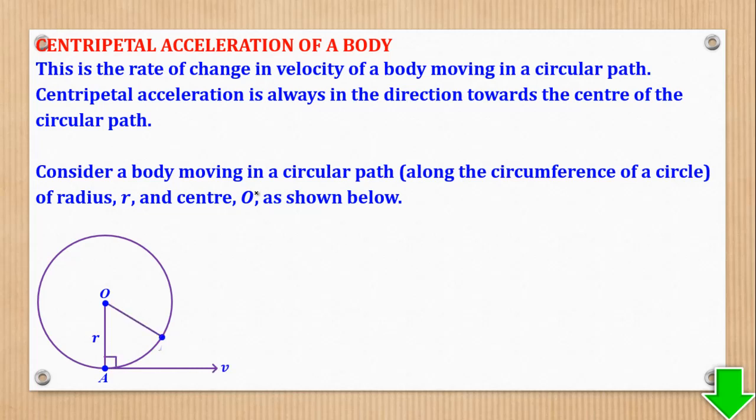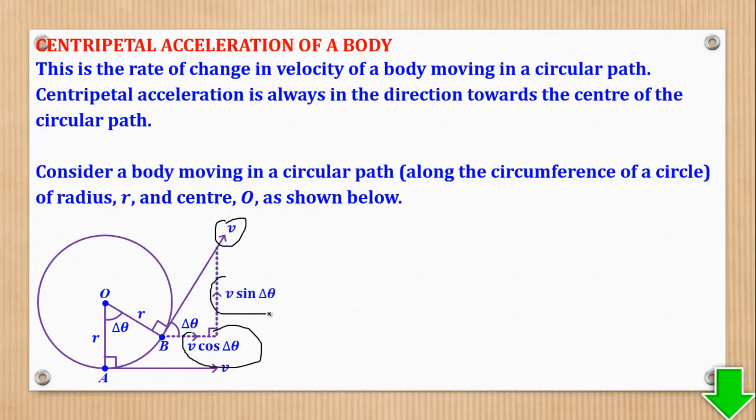Then at point B, the velocity will also be tangential, so the direction will change, but the magnitude is the same. So that will be the small angle it makes, meaning that by geometry, this angle is equal to that angle. Then when I resolve this velocity horizontally, I'll come up with this, and vertically, I'll come up with this.